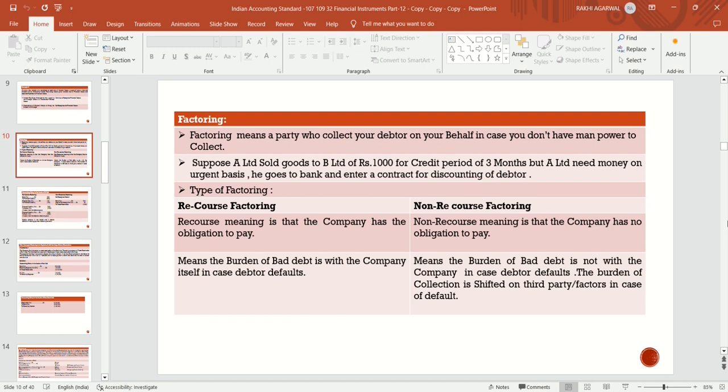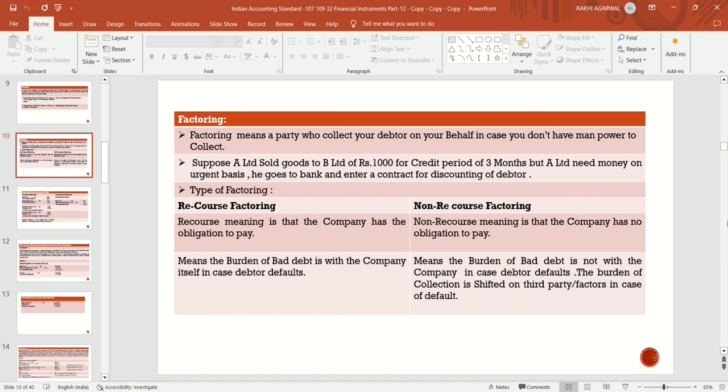After 3 months, when the period is over, the bank will ultimately collect the money from B Limited.